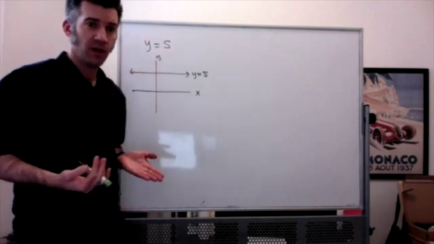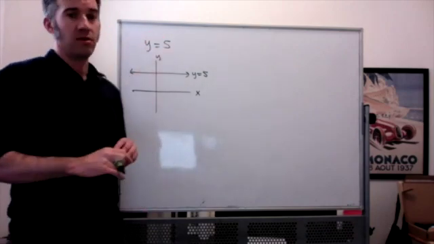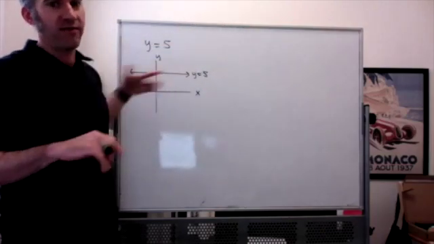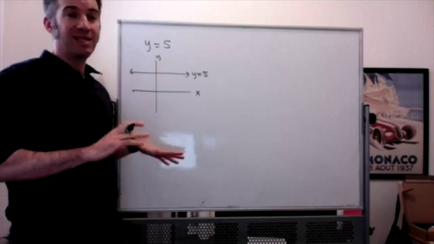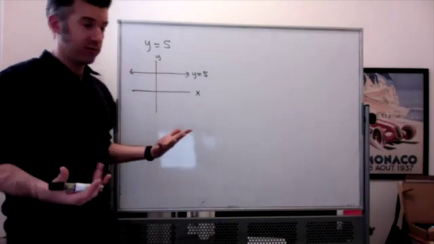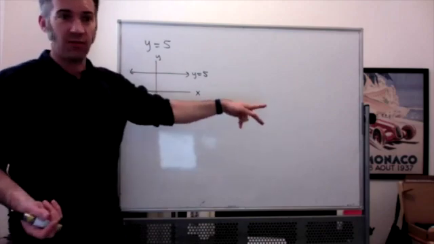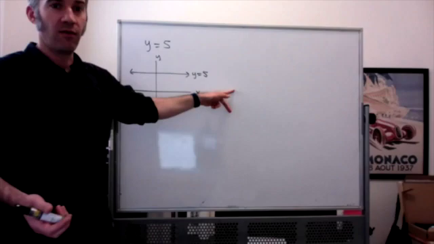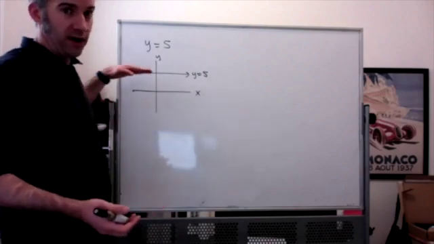If I said nothing, you would have the whole plane, but y equals 5 limits what y can be. Since I've said nothing about x, x has unlimited potential. X could be any positive or negative number, so we get the entire gamut of x values when y is 5.